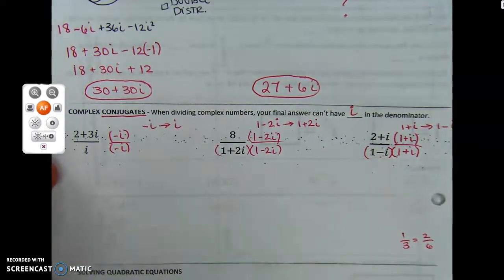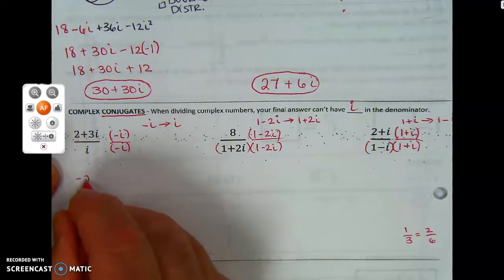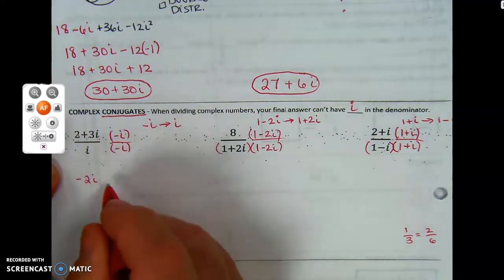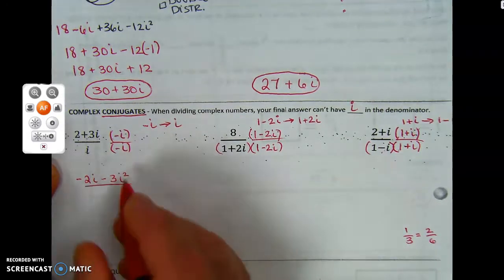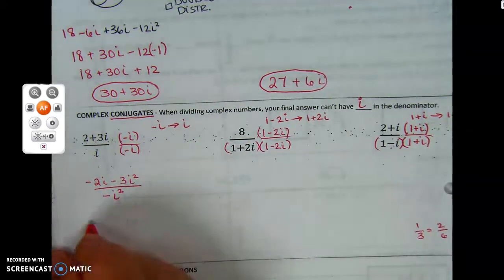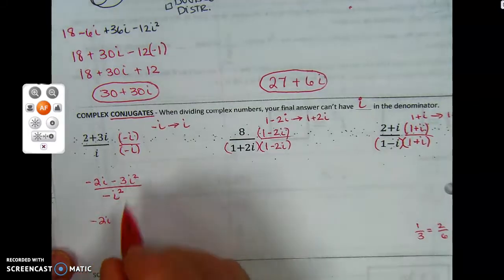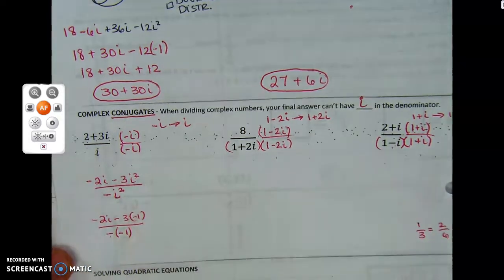So 2 plus 3i times negative i, that's going to be negative 2i minus 3i squared in the top. And in the bottom, this is just going to be negative i squared. Negative 2i, remember i squared is negative 1, minus 3 times negative 1 over negative, remember i squared is negative 1, there's a minus sign here, and then the negative 1 goes inside the parentheses, so there you go.